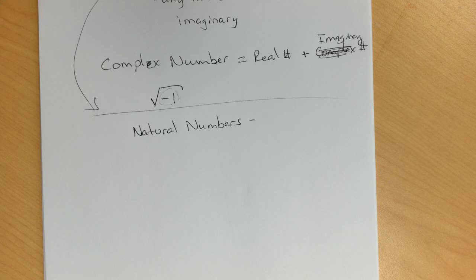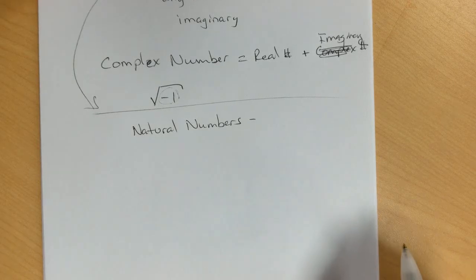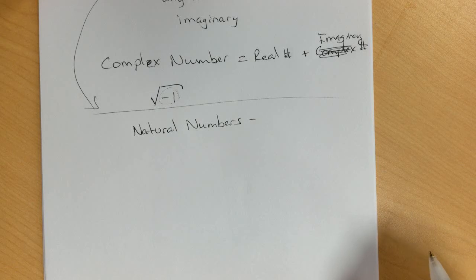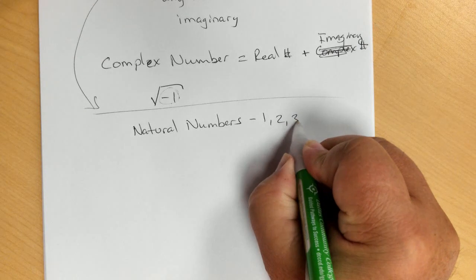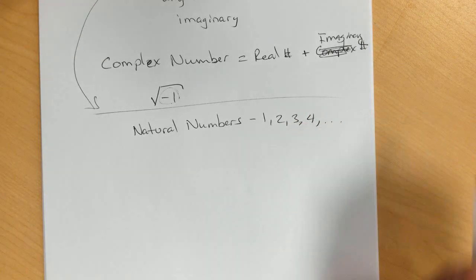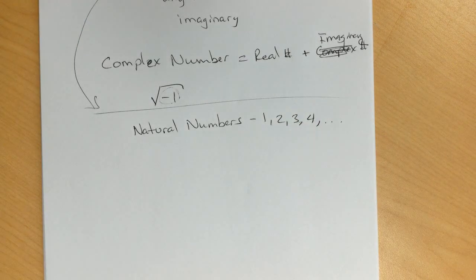To begin with, our real number system begins with natural numbers. If I ask you to start counting, where would you start? So natural numbers are our counting numbers.